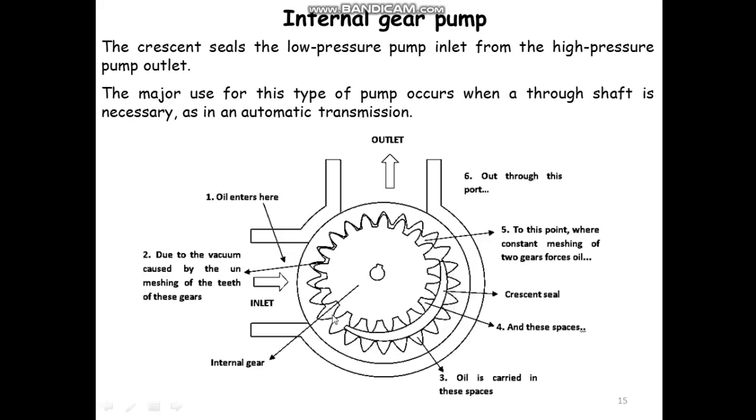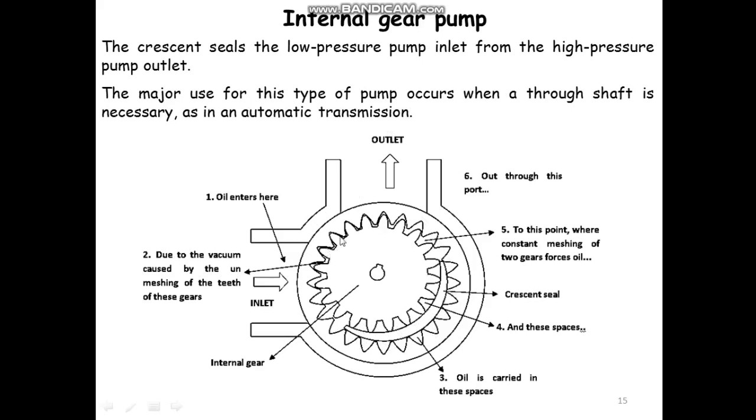Air will be trapped in all these packets and removed from the inlet to the outlet. Once the air is removed, vacuum will be created, and the unmeshing of the teeth of these gears will start the pumping. So liquid will be carried through all these packets and delivered to the outlet.